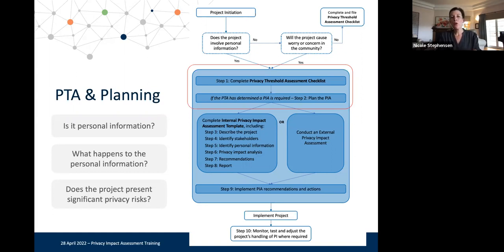It also helps you to set out or determine what will happen to the personal information and whether or not there are significant privacy risks associated with that. So we've answered, right? Does it include personal information? Well, yes. Okay, what elements of personal information does the project include?